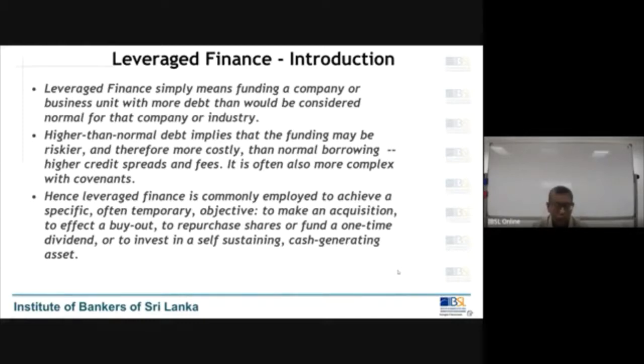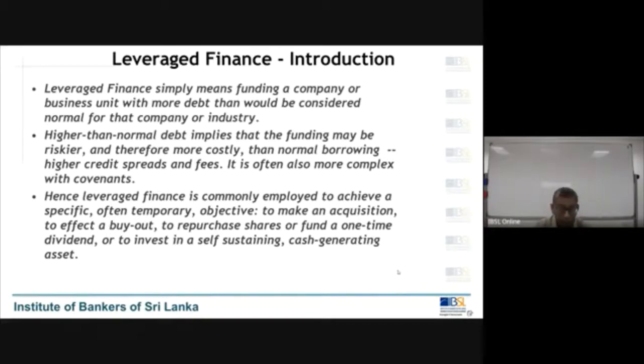Now suppose, for example, you are going to acquire a certain company, by getting money or a loan from another person. That is what we call leverage finance. Basically, you have more debt than equity, right? That is what you call leverage finance.